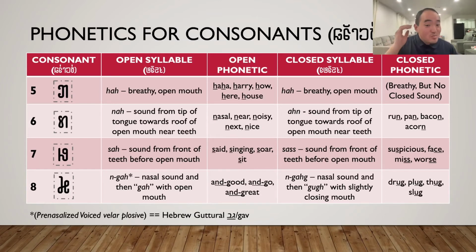I'm not a Hebrew expert, but there are similarities between this character and the Hebrew guttural gav, right? It's more towards the back of your throat. It's close, but not exactly the throat area yet. So it'll be nga, with the nasal sound first, and then ga with the open mouth.